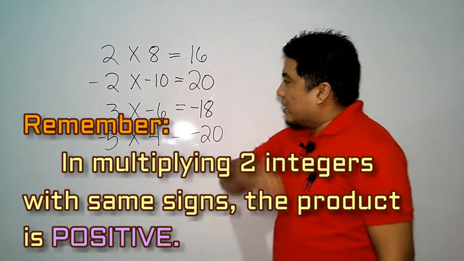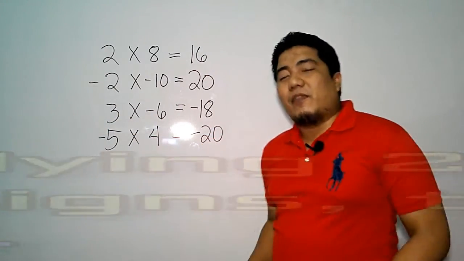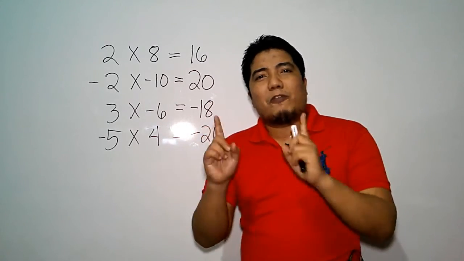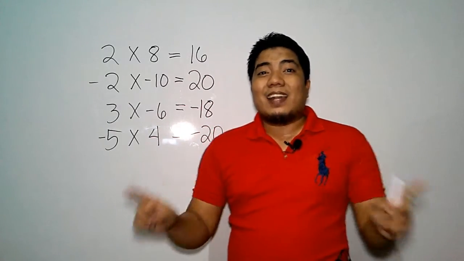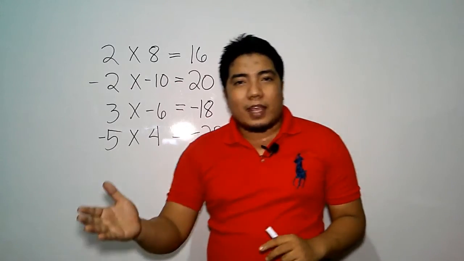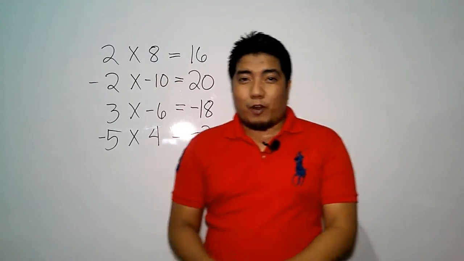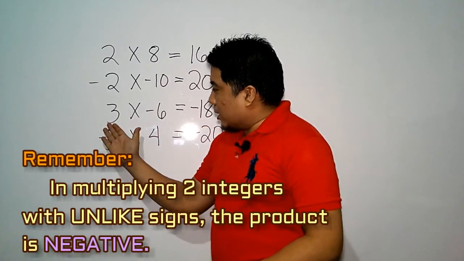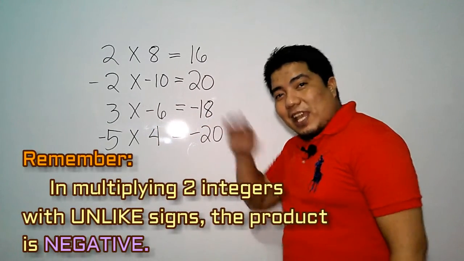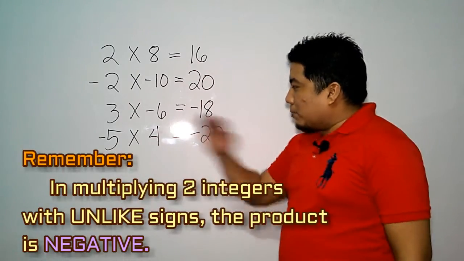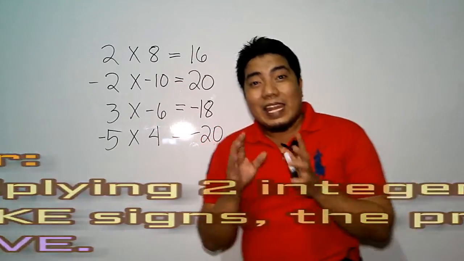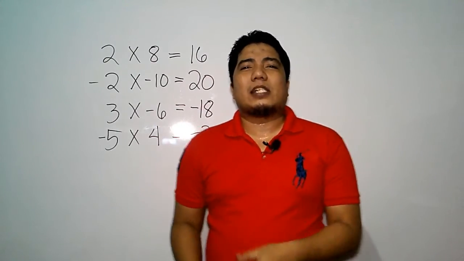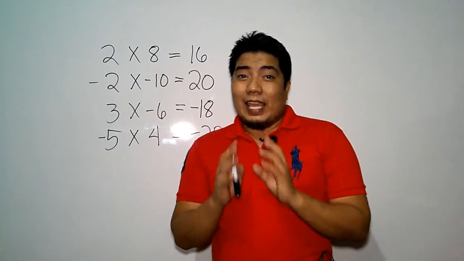Both are negative, the answer is still positive. However, if the two factors are unlike signs, meaning negative and positive, therefore, your final answer is negative. Because this is positive times negative, the answer is negative. This is negative times positive, the answer is negative. So, that is how easy it is to understand how to multiply integers.